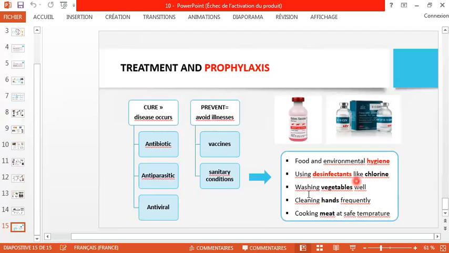Okay, we have to wash vegetables well, to clean our hands frequently and well, in the correct way, not just quickly, because if you don't allow enough contact for enough time, the germs are not going to be eliminated when washing hands. And also cook meat at a safe temperature, okay, to cook meat well and to never consume raw milk, because it contains bacteria that have to be eliminated.